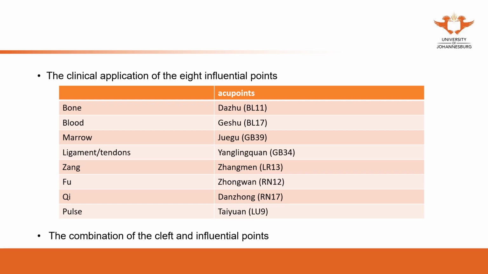The qi gathers at Ren 17. The tachypnea, the acute attack of asthma, is a disorder of the qi. The patient's respiratory function doesn't function well. So these are breathing problems, something related to the qi. So I can select the cleft points of the lung, and in the meantime, I can select the influential point of qi. So that's one of the examples of the combination of the cleft and influential points.